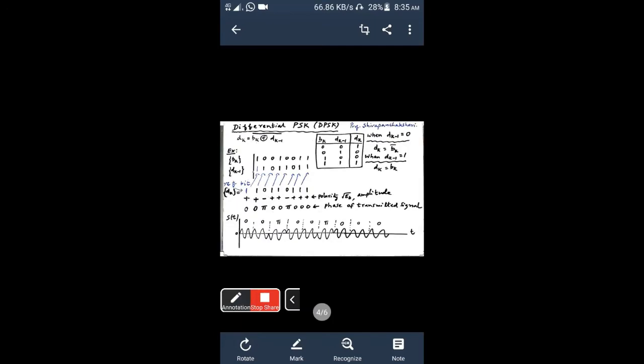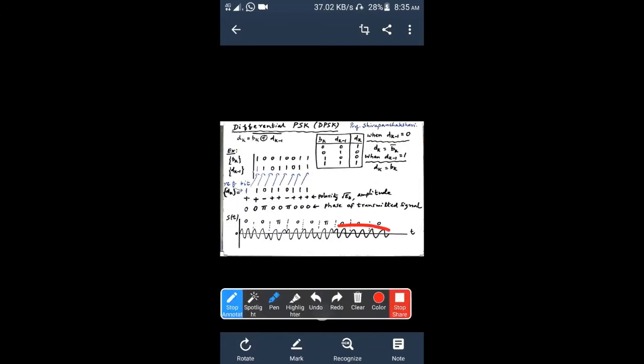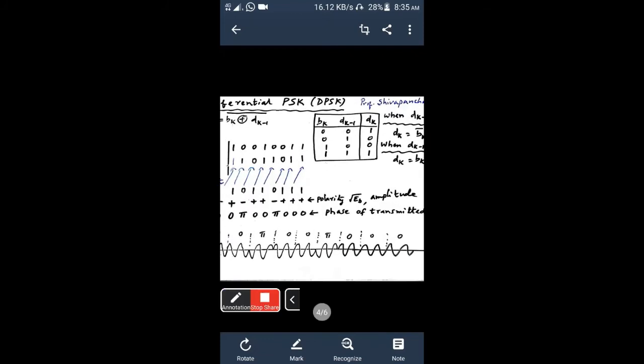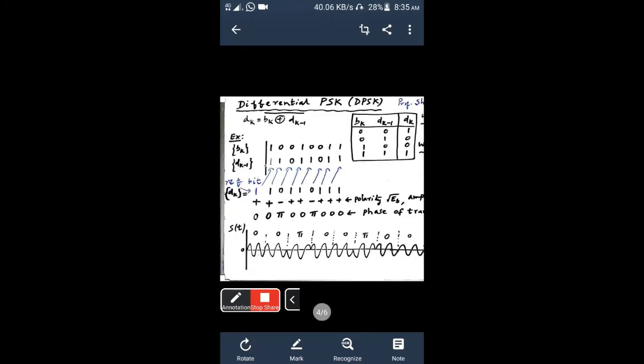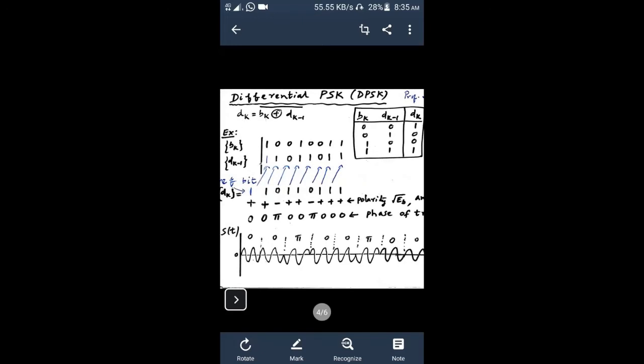That's why, to start with the operation, look at this. I have given one bit here, which is called the reference bit. It is assumed either as 1 or as 0.